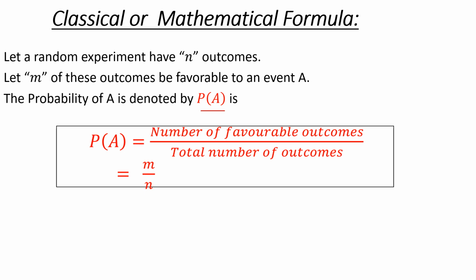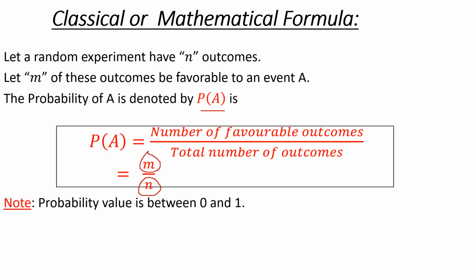That is, the number of favorable outcomes to the event, m, divided by the total number of outcomes in the sample space, denoted by small letter n. Probability of any event always lies between 0 and 1. So the maximum value of the probability is always 1 and the minimum value of the probability is 0.